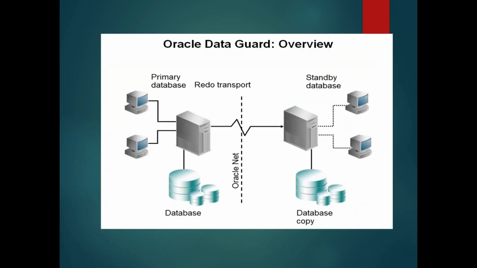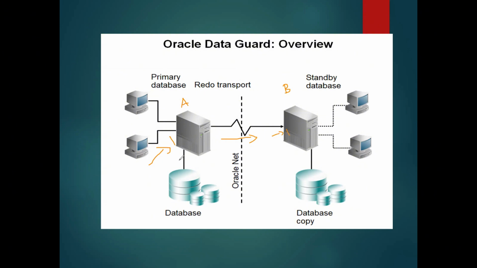Guys, I told you this is Data Guard. Right now you may not understand it, so for the juniors, just assume this is one database called A, and this is database B. Whatever changes happen here, if a user inputs one here, that one should be transferred here as well.